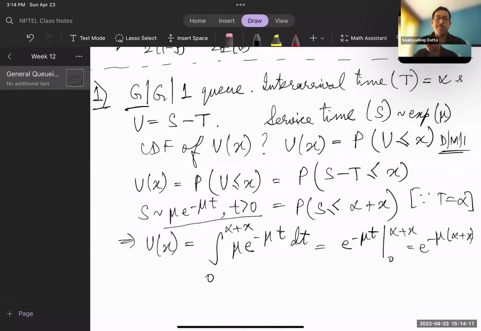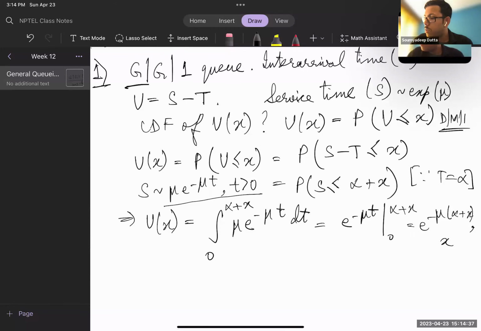Again, I'm repeating, this is not the solution of the assignment. The assignment question is a little different, but the approach is similar. So the key step here, and actually there is no restriction on x. X can be any value.